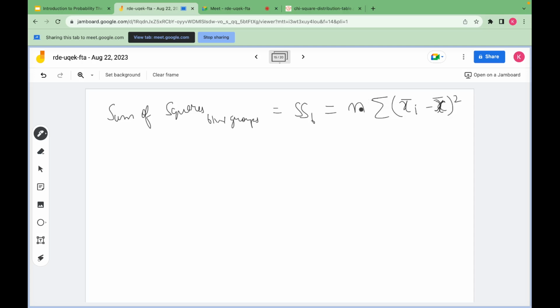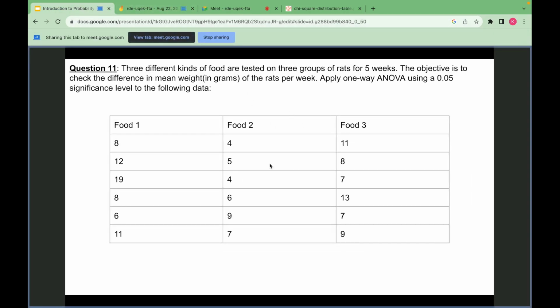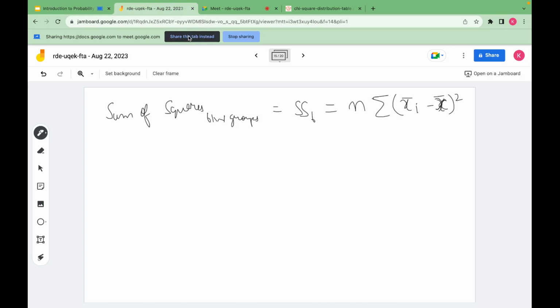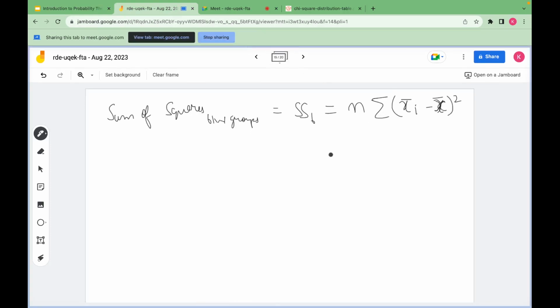Okay, and here n is the number of observed values. In this ANOVA question, these n values are the same. This n is 6 for every category.